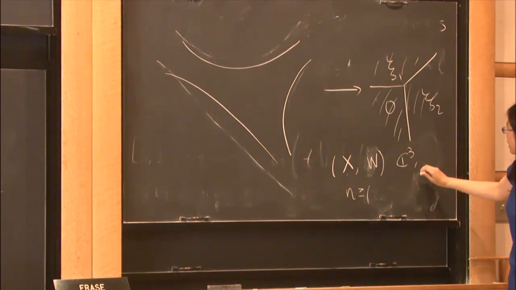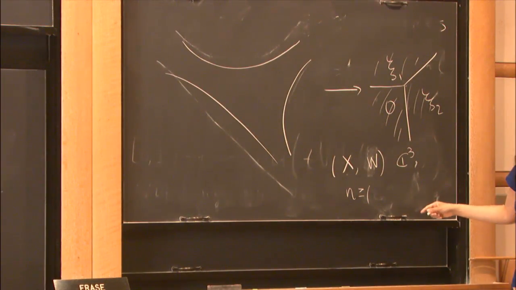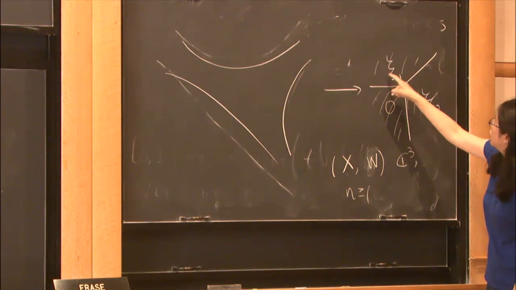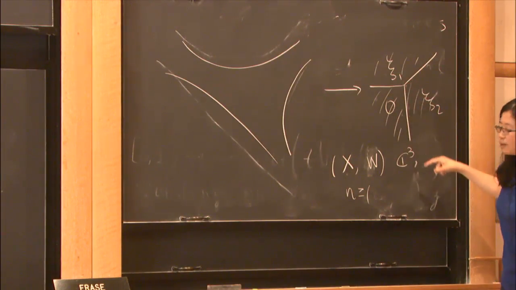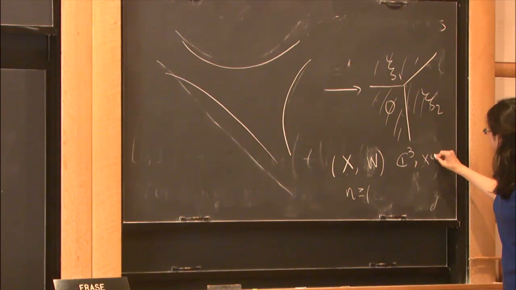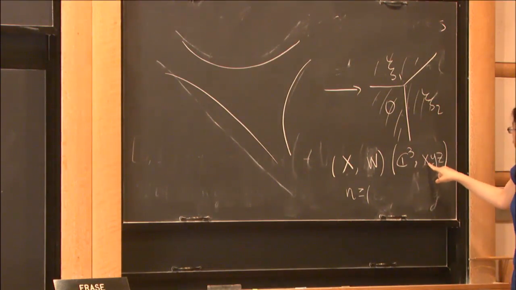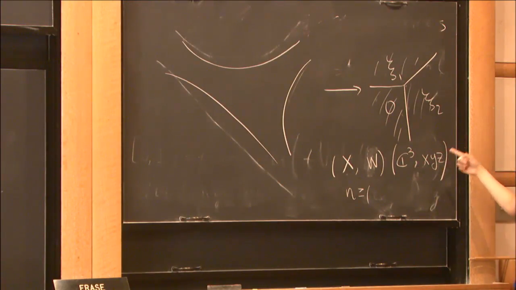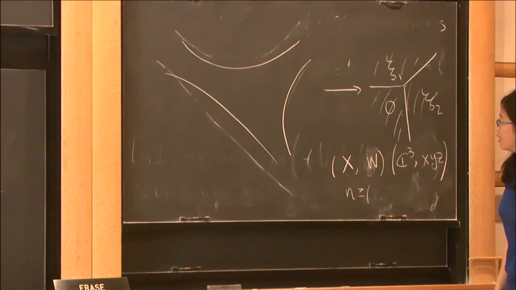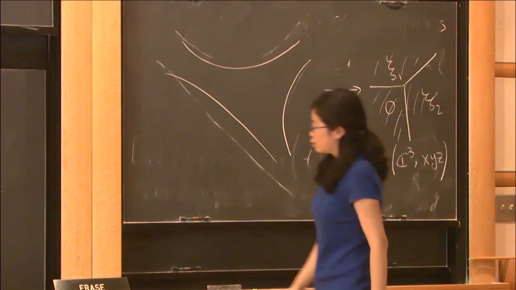And the superpotential is a toric monomial that vanishes to order 1 on each of the irreducible toric divisors. And in this case, it's the multiple of the coordinates of C3. So the toric divisors are just x equal to 0, y equal to 0, and so on. And we can do this to this picture too.